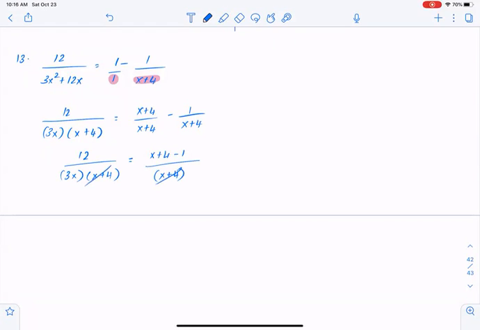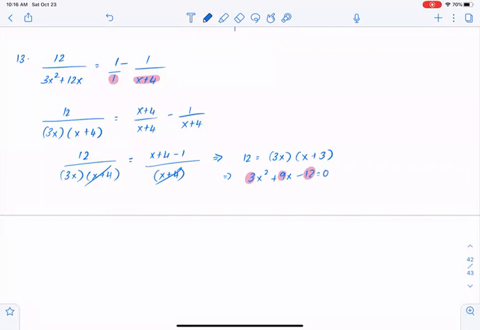X plus 4 will get cancelled. 12 would equal 3x multiplied by x plus 4 minus 1 is 3, which would reduce to 3x squared plus 9x minus 12 equals 0. Mind you, I have a 3, a 9, and 12 here, and they have a 3 in common.